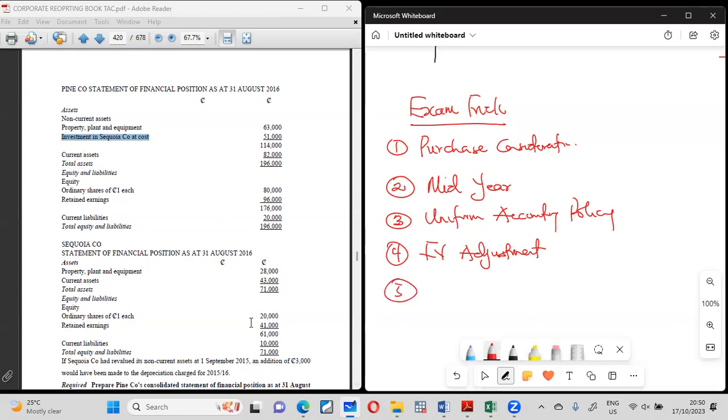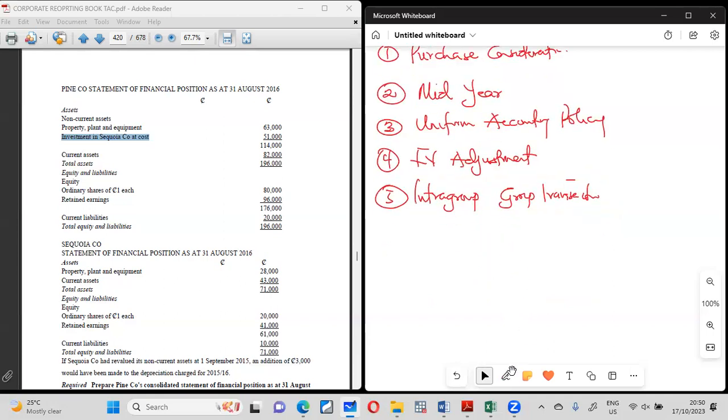Then trick number 5, this is where everything comes to play. We call it the intra-group transaction. So that intra-group transaction is whereby one sells to the other, and in those things, the kind of thing that will be happening in there, we will talk about cash in transit.